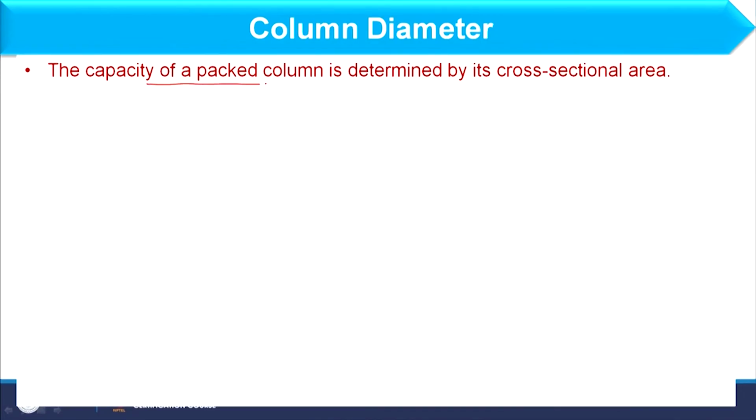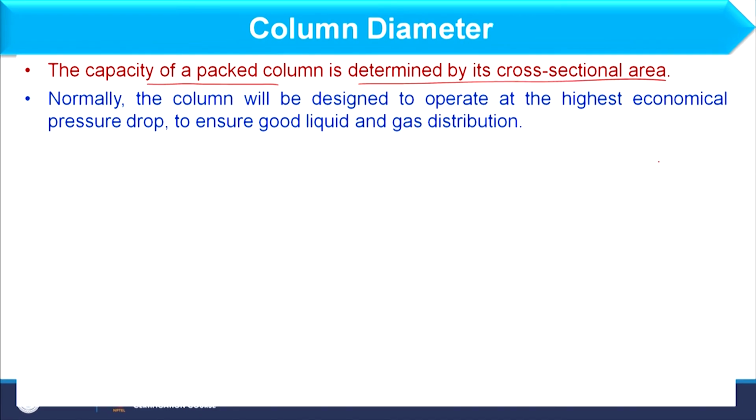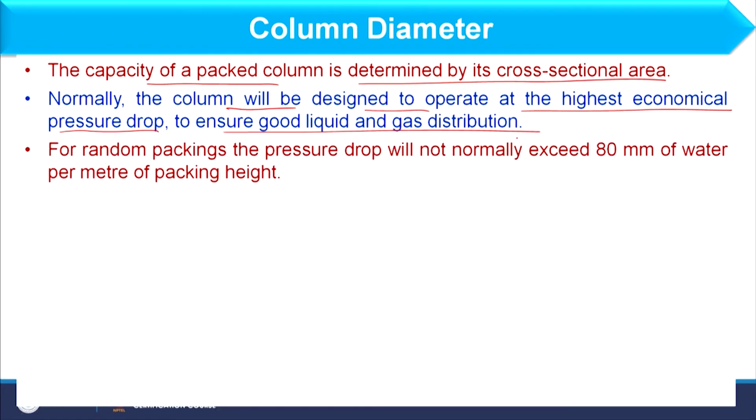And now we can calculate the column diameter, and that is irrespective of these methods. As far as column diameter is concerned, the capacity of the packed column is determined by its cross sectional area. Normally, the column will be designed to operate at the highest economical pressure drop to ensure good liquid and gas distribution.